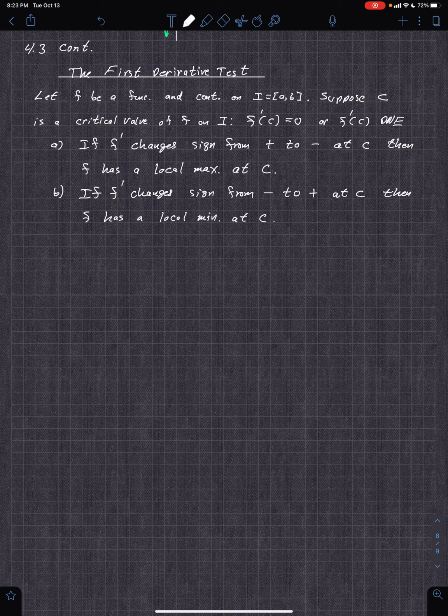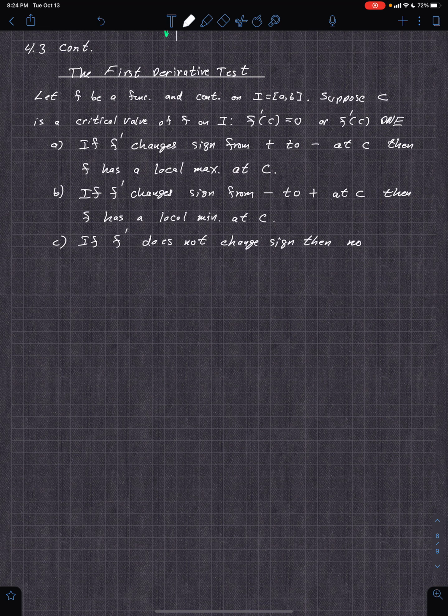And then if it doesn't change sign, then there's nothing. So if f prime does not change sign, then there is no local extrema.